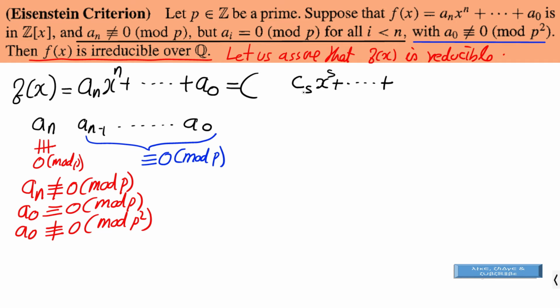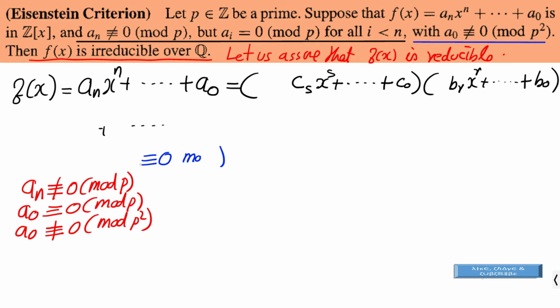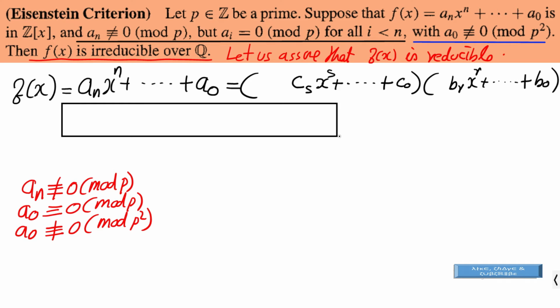So let us take one of the polynomials as c_s x^s + ... + c_0, and the next polynomial as b_r x^r + ... + b_0. So if I write out the assumption more clearly, we need to write that f(x) is not irreducible, that is, f(x) is reducible.